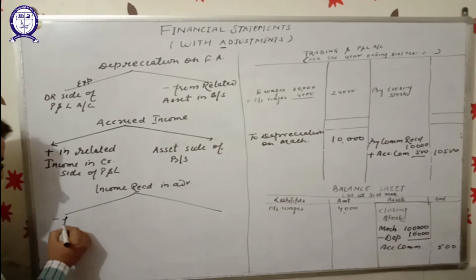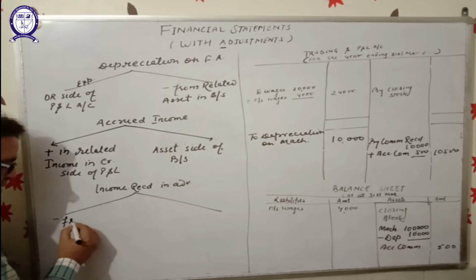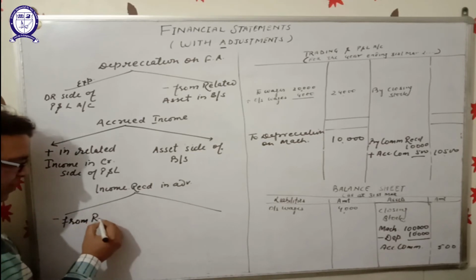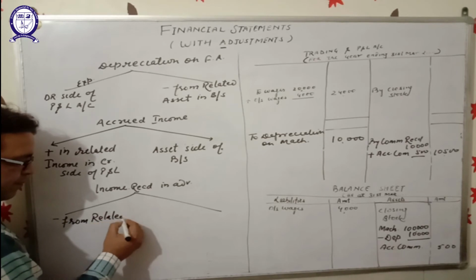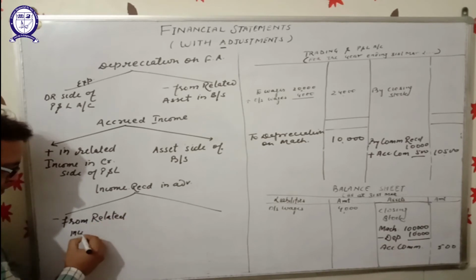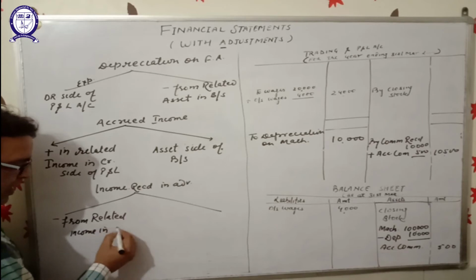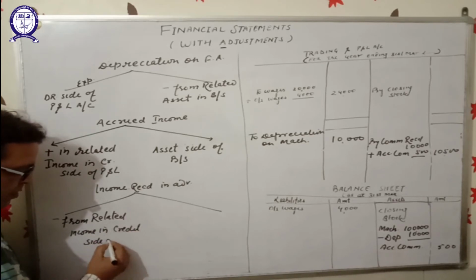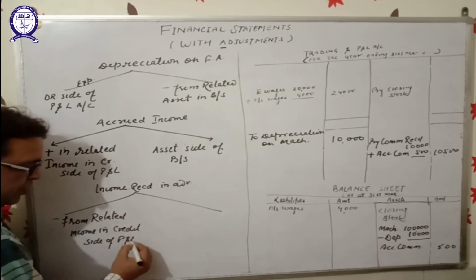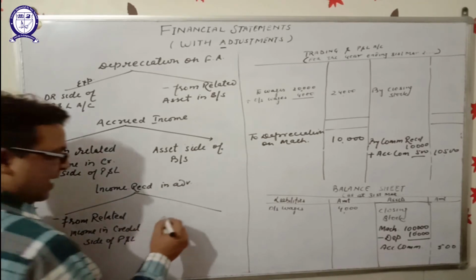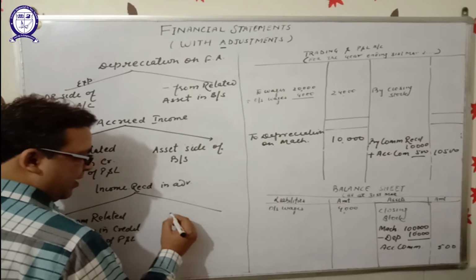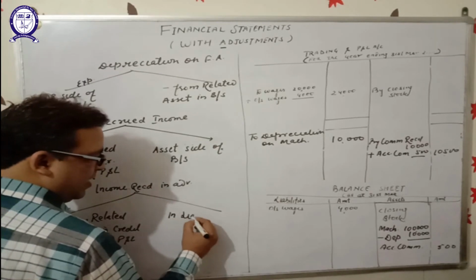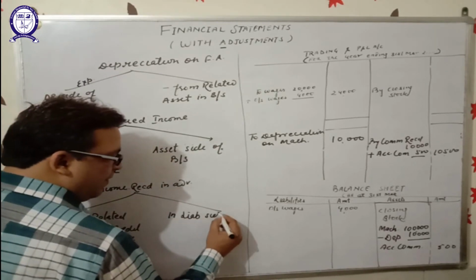So we have to deduct it from related income in credit side of profit and loss. On the other hand, second time it will be recorded in the liability side of balance sheet.